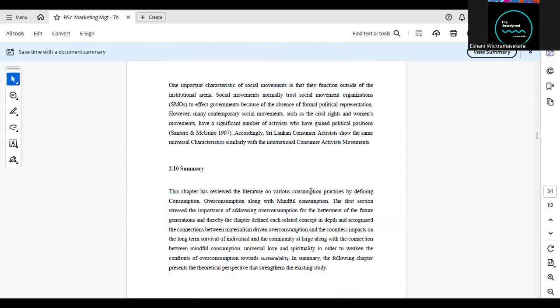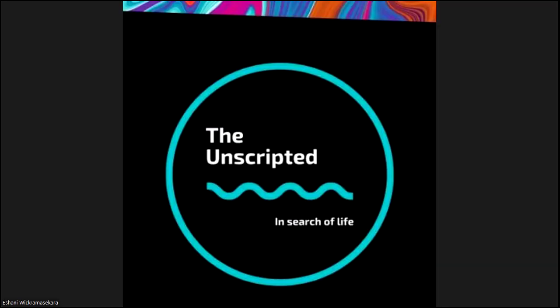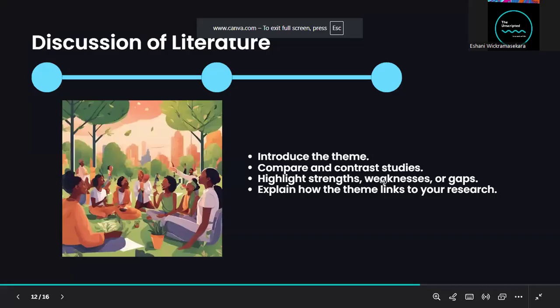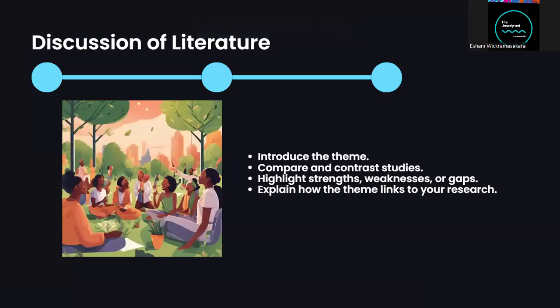So based on your topic, you have to determine the headings which you're going to include in your literature review, right? My duty here is to explain how to write or review literature relevant to these themes or headings that you have selected.